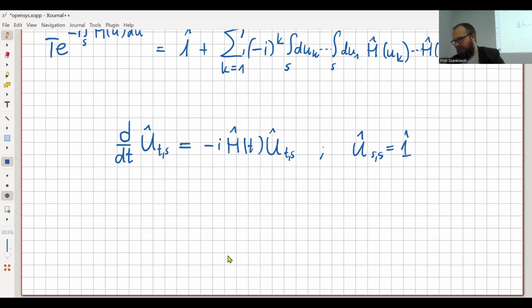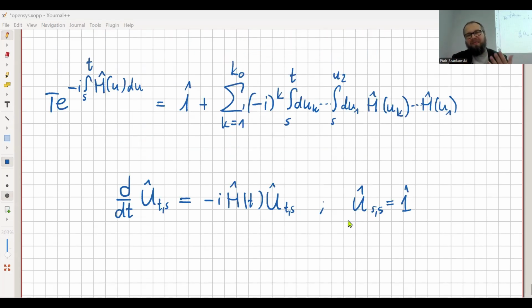So to summarize, we have our theory of the maths behind the evolution operators. The practice behind them is most of the time just integrating a differential equation, and this is an easy problem. Even if your dimension is quite large, it's still not very difficult.